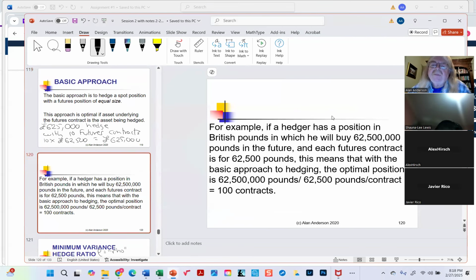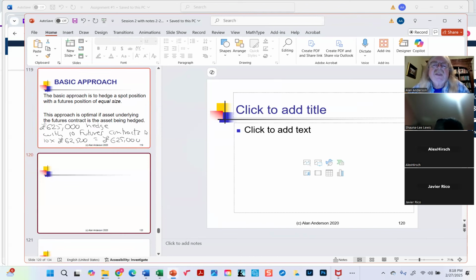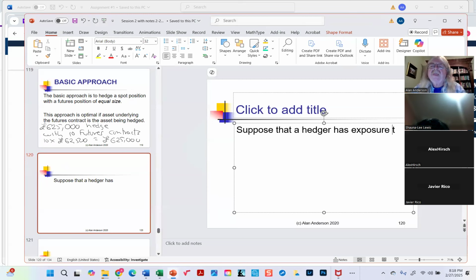But the problem then comes in when you have, let's say, a relatively small position. Like, what if instead you have, suppose that a hedger has exposure to, say, 90,000 British pounds. Well, if you divide that, see, there's the rub.